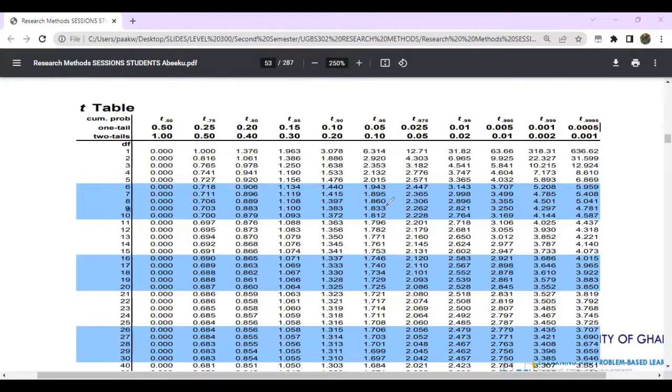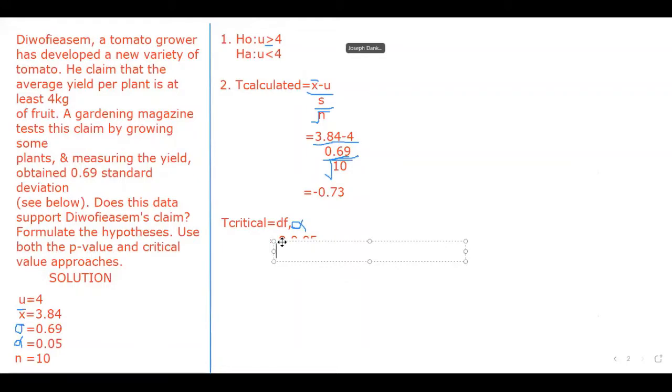So we are getting 1.83. This one is not the p-value, so don't think we are getting the same as the first one. The first one, it was our p-value, that helped us get to the 1.83. Okay, so the critical value is 1.83.